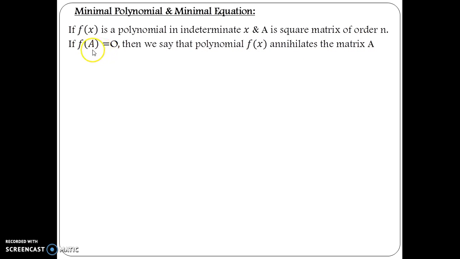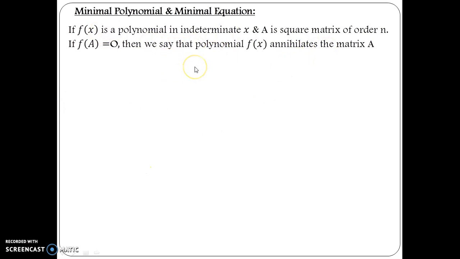So f(A) equals 0 means the moment you substitute the matrix A in the polynomial, x equals A, the entire value of that polynomial boils down to a 0 matrix. That is what is meant by annihilation.